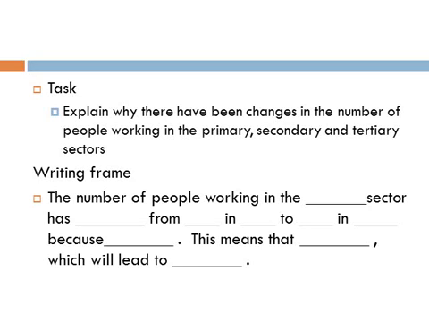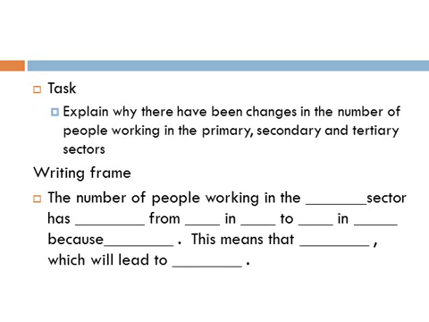So the number of people working in it might be primary, secondary or tertiary sector, has risen or fallen, and then from a date in here to a date in there. So a number, then a date, a number and a date. And because. So we want a reason why. Why do you think employment in the primary sector has fallen? This means that.